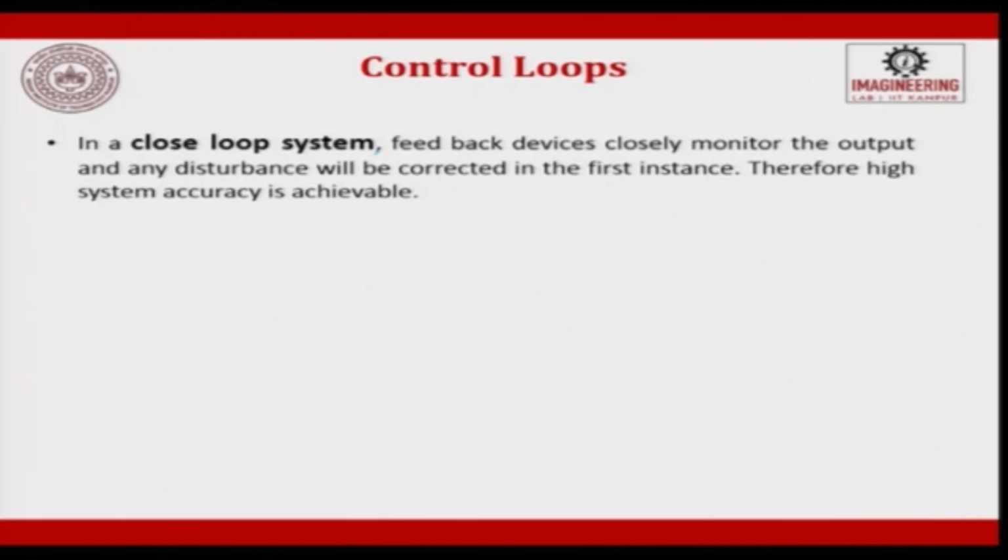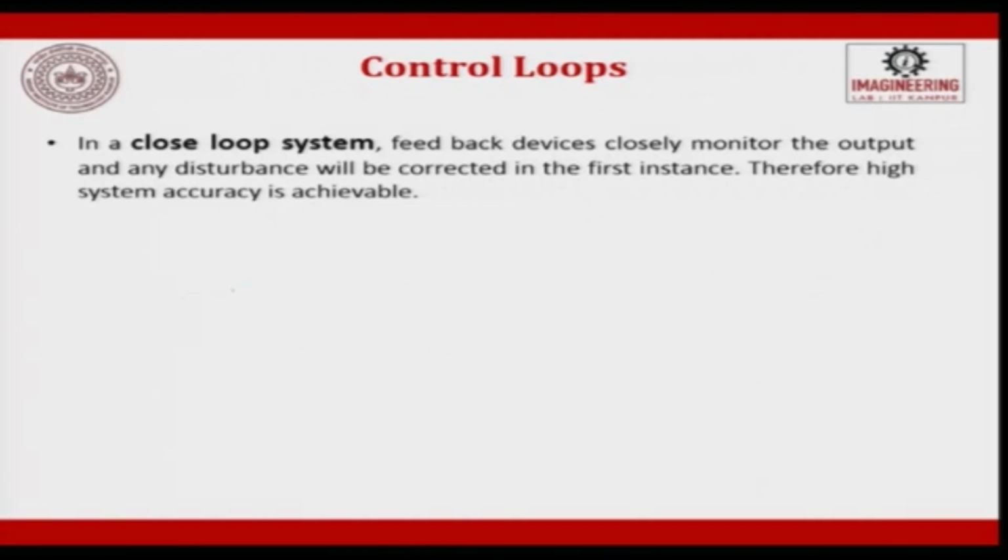In a closed loop system, the feedback device closely monitors the output and any disturbance will be corrected in the first instant. During the process itself, we have a self-correcting mechanism, so that on process quality assurance is done and not after machining the part.